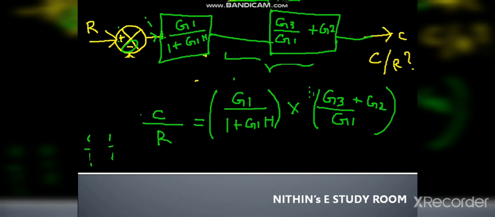So here we applied five steps to reduce the bigger block diagram to a simple block diagram, and finally you obtain C by R very simply. Not all problems will be this simple. In the upcoming class, we will deal with some more problems.